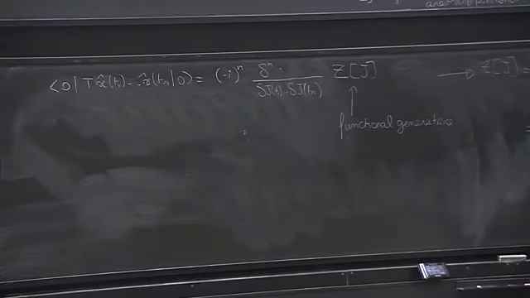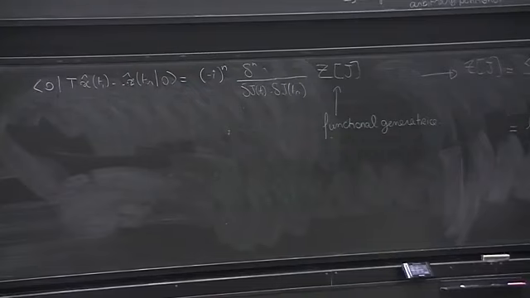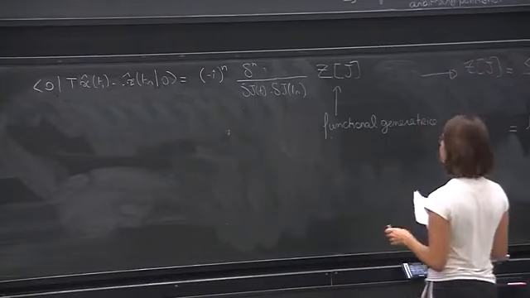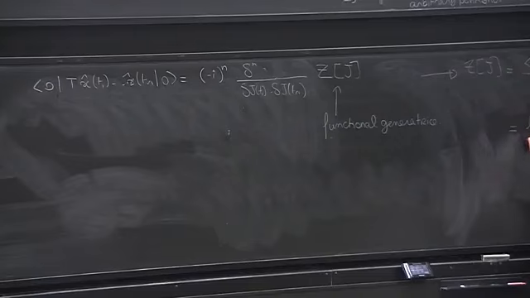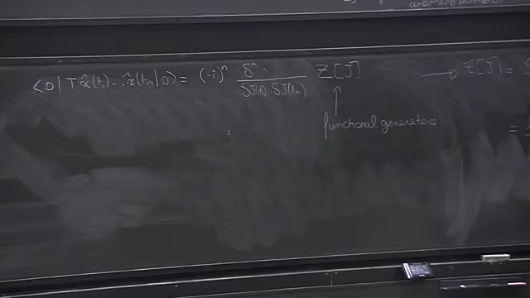Okay, so we have seen that this ground state is going to be obtained starting from that when you take the limit, okay? So here, if we go backward, we're going to get Z of J, keeping in mind that here I'm defining my T like this, okay?